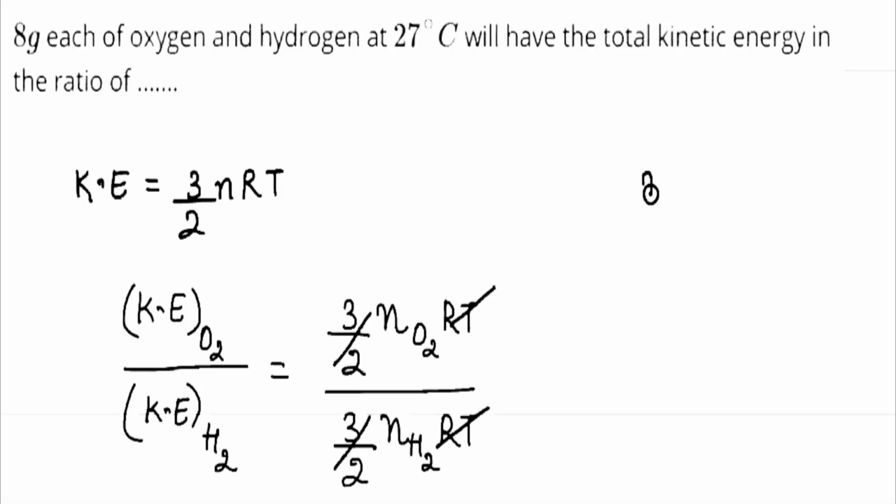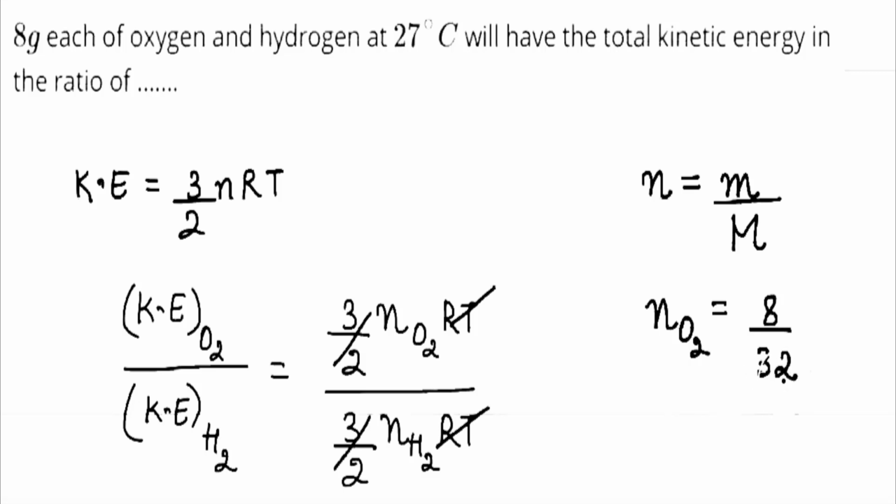So number of moles is given as the mass of gas in grams divided by its molar mass. So the number of moles of O2 will be equal to its mass in grams, it is given 8 grams, divided by its molar mass, which is 32. So it will be equal to 1/4.